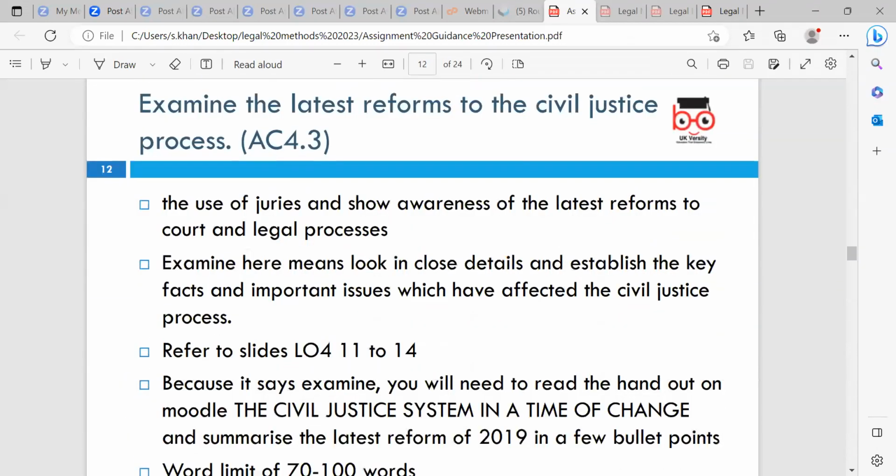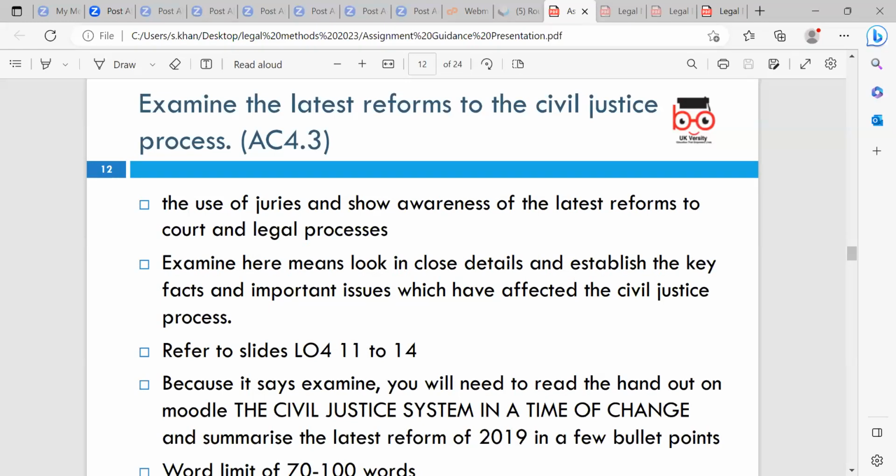And then you need to examine the latest reforms to the civil justice process, AC 4.3. So you will look at the use of juries and show awareness of the latest reforms, the court and legal processes. You need to examine here, which means look in close detail and establish the key facts and the important issues which have affected the civil justice process.